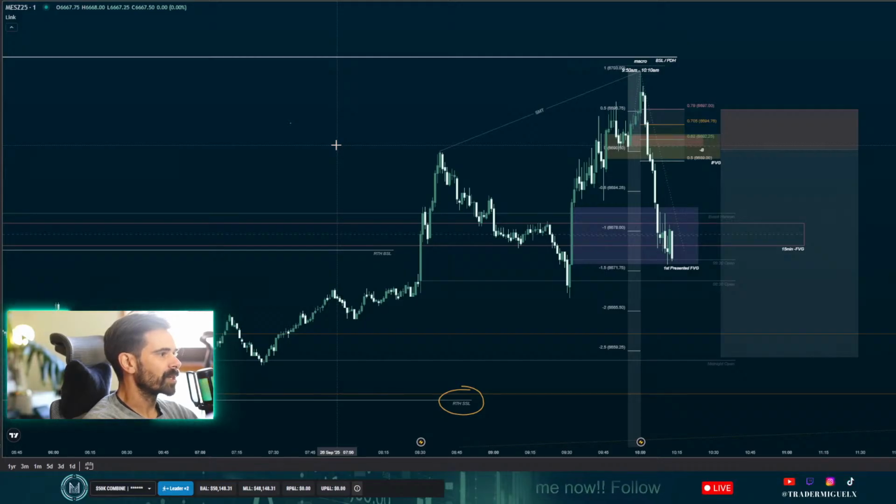So nice rejection here on event horizon and the 15-minute fair value gap as well. So we are kind of leaving the first presented fair value gap, tapping the 1.5 standard deviation.